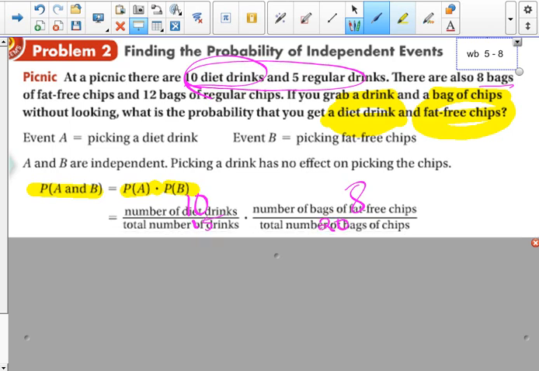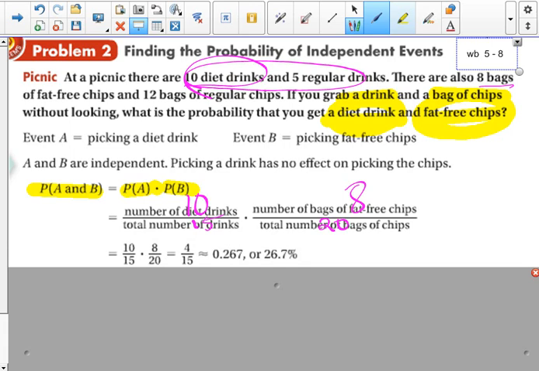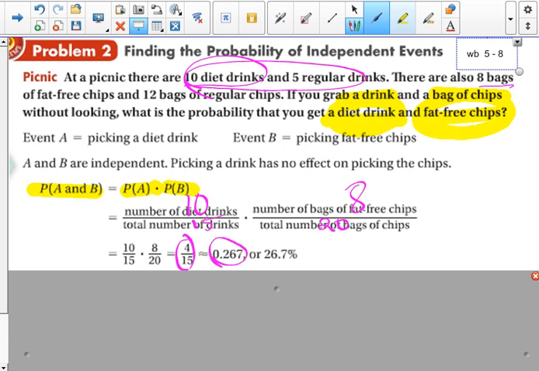So it's 10 over 15 times 8 over 20. Right? And when you multiply that out and simplify, you get 4/15, which is approximately 0.267 or 26.7%. Okay?